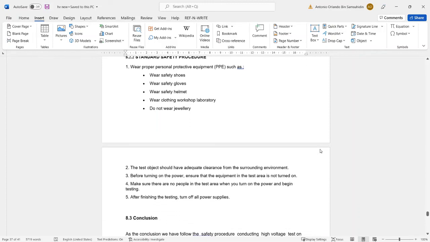The test object should have adequate clearance from the surrounding environment. Before turning on the power, ensure the equipment in the test area is not turned on. Lastly, make sure there are no people in the test area when we turn on the power and begin the testing. After finishing the testing, we should turn off all the power supply.